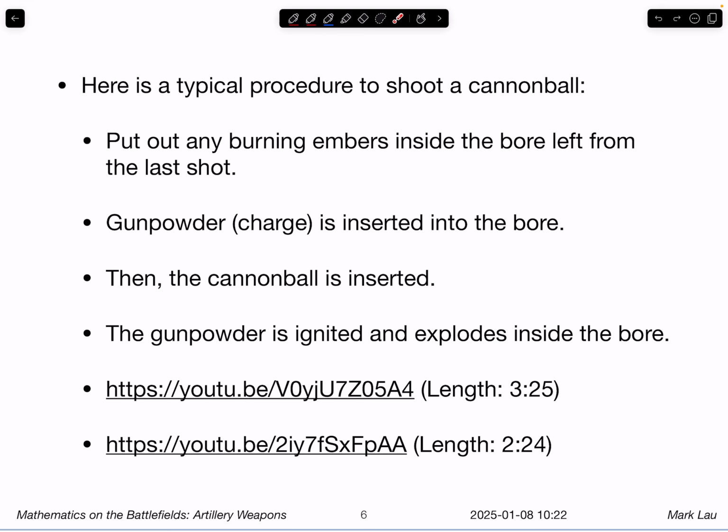Here is a typical procedure to shoot a cannonball. Put out any burning embers inside the bore left from the last shot. What does this mean? Put out any burning embers inside. What does ember mean?